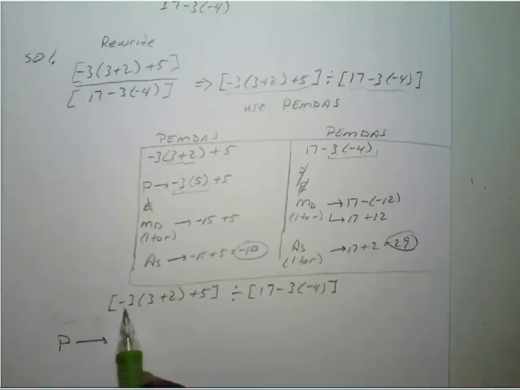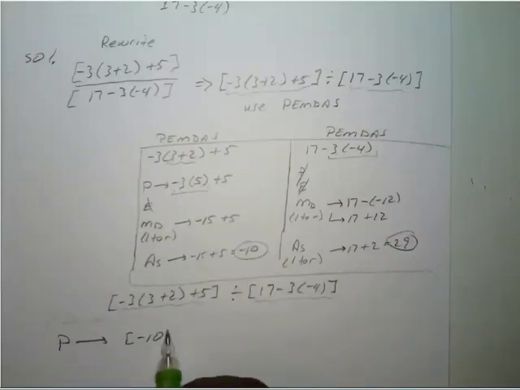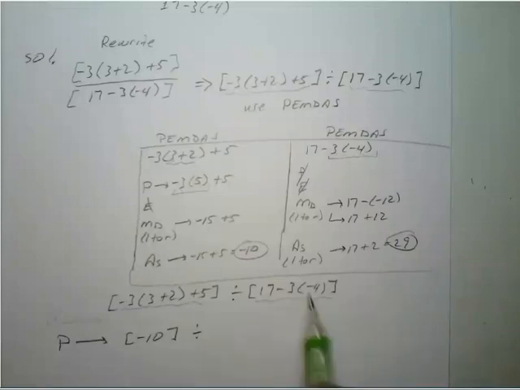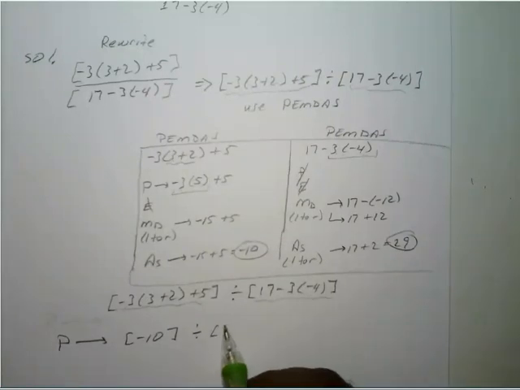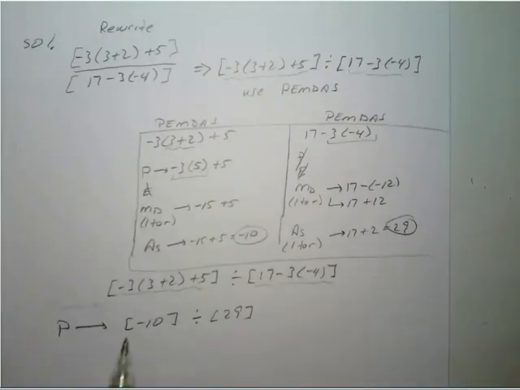So for our grouping symbols, we did those already. Negative 3 times 3 plus 2 plus 5, realize that was negative 10. So negative 10 divided by, and we know that 17 minus 3 times negative 4 is 29. So really that just becomes negative 10 divided by 29.